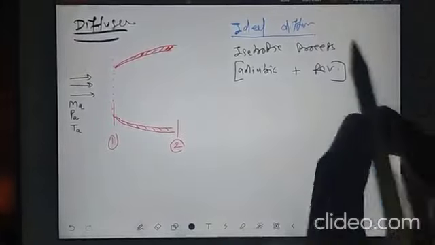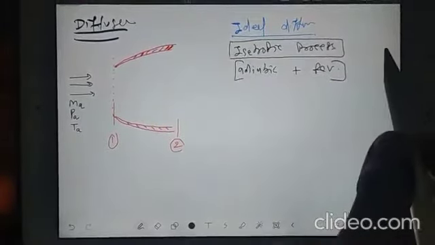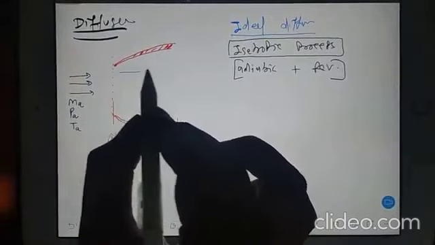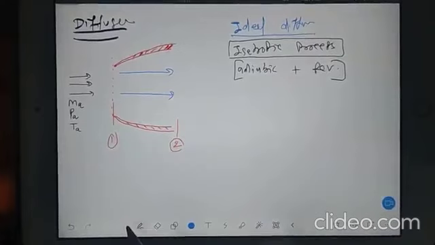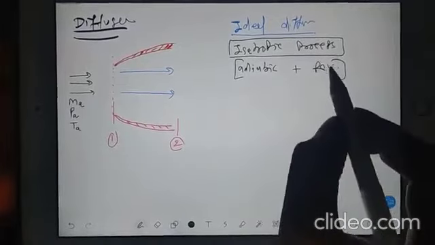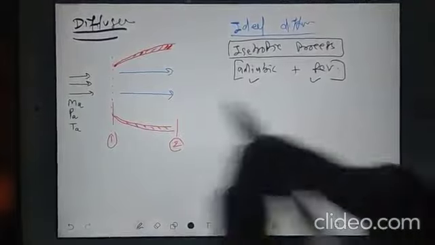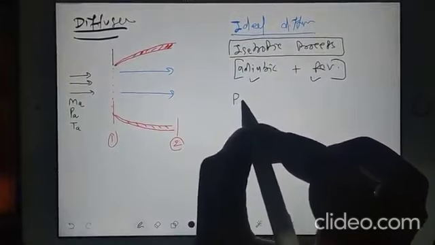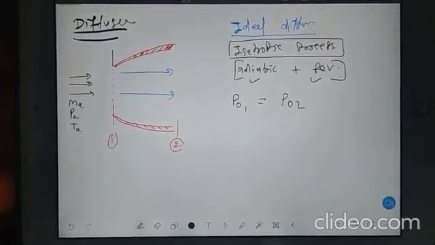Now see guys, because you have assumed an isentropic process in the beginning itself, you should know that whatever flow enters here, only the static properties will change, the total properties will not change. Why? Because adiabatic and reversible both are followed. It means at section 1 the total pressure P01 will be the same at the exit also.